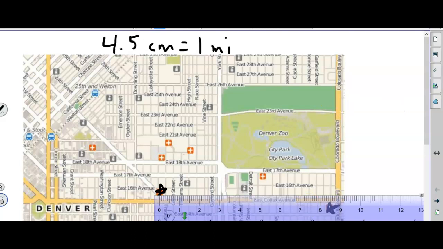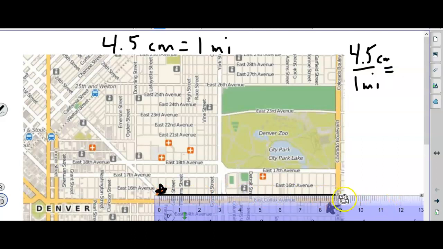We're going to say the scale is 4.5 centimeters over 1 mile equals our actual measurement, which is about 8.5 centimeters. So we're going to put 8.5 on the top because centimeters needs to line up with centimeters.